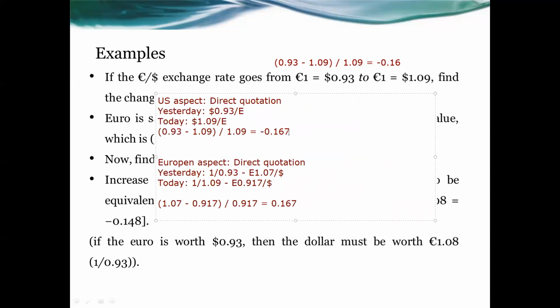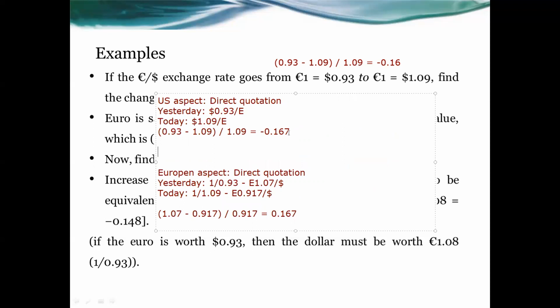Here what we mean is the dollar value is getting depreciated against the euro by 17.7%. Right?